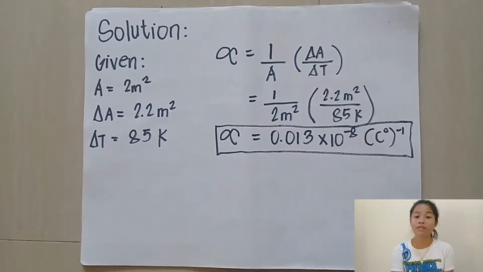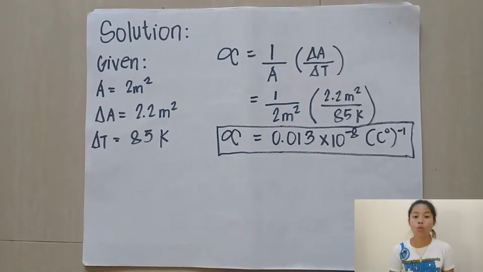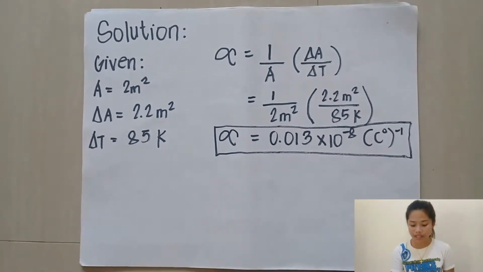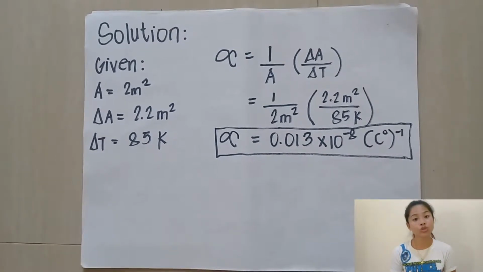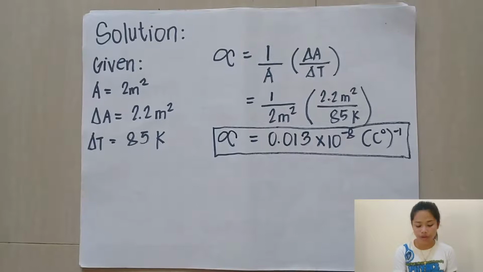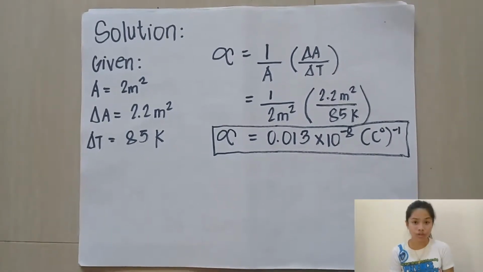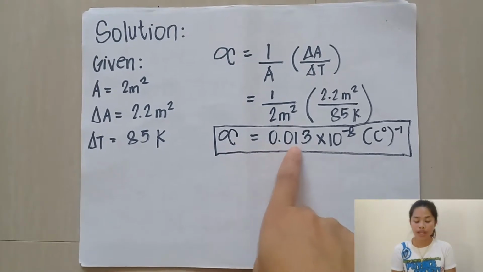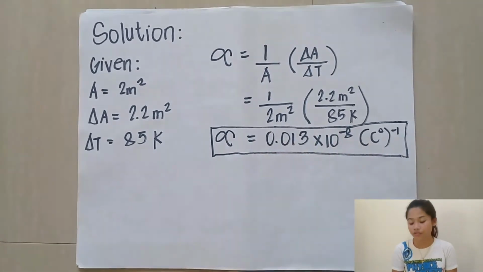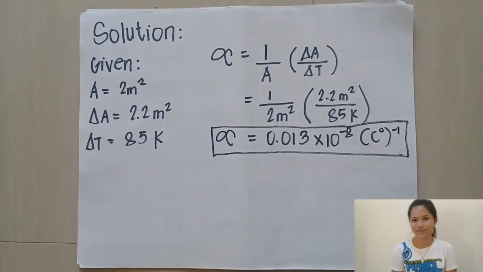So, substituting all the given values, which is 1 over 2 meters squared times 2.2 meters squared over 85 Kelvin. So, as a result, our alpha is equal to 0.013 times 10 to the power of negative 8 Celsius degrees inverse.